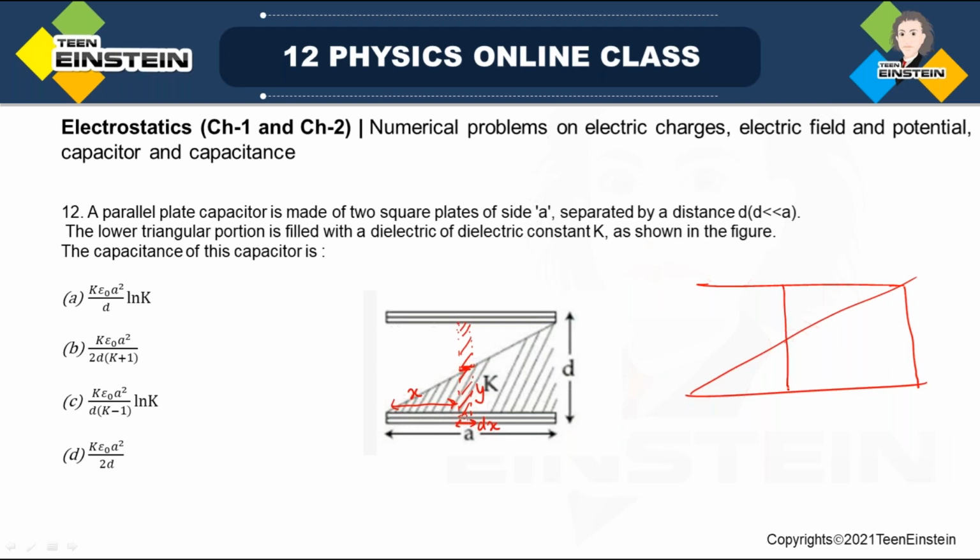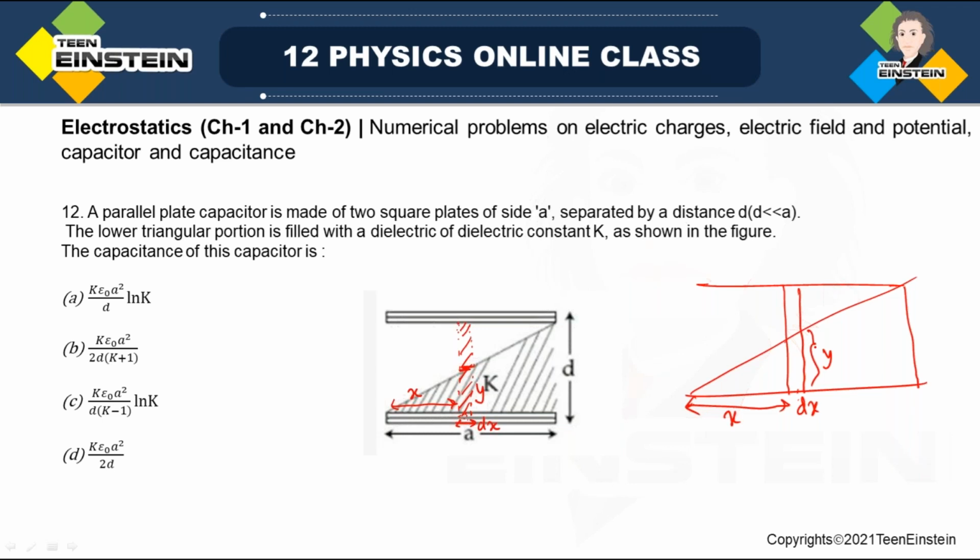I'm drawing a rectangular strip from the left at a distance x. This has thickness dx, and from here to here I'm taking this distance as y. Now see what we can do.